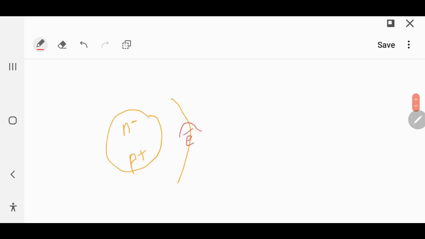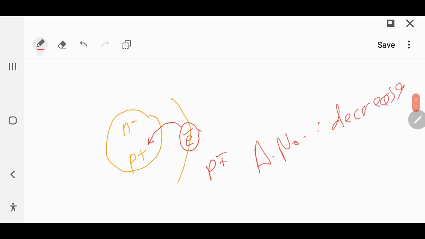If this electron is captured by the nucleus, remember we are talking about the same atom, the electron will move inside the nucleus and neutralize the proton, and the proton will become plus minus. So the atomic number will decrease, and the atomic mass will be unchanged.